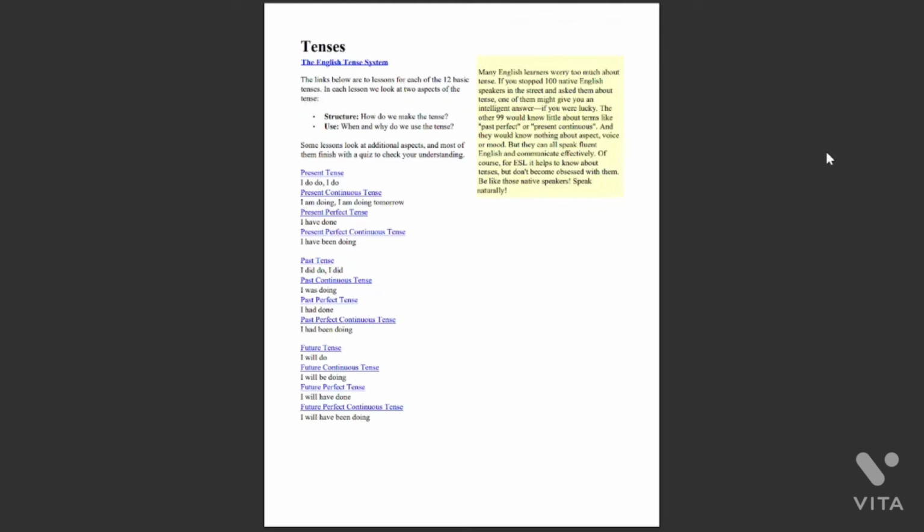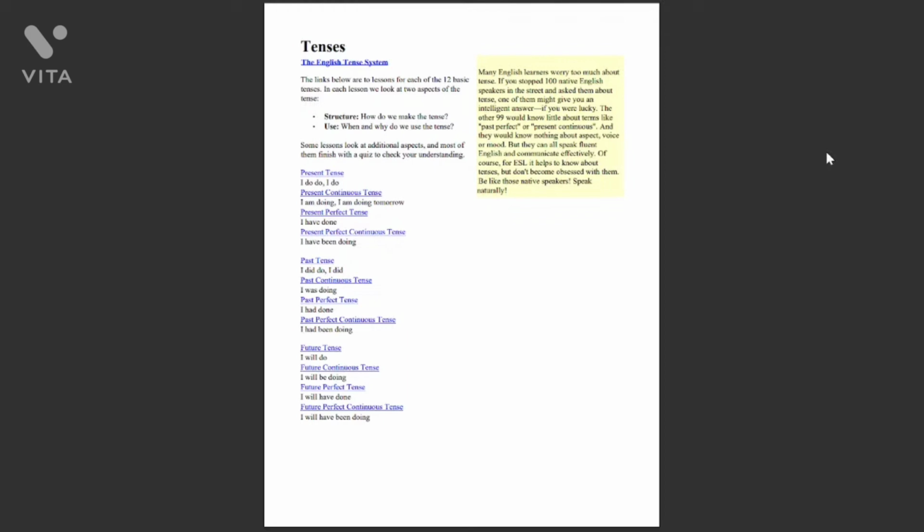The same pattern we also have for the past tense: I did. Did is a word which tells about the past tense. Past continuous tense, I was doing. Past perfect tense, I had done, it's already done.